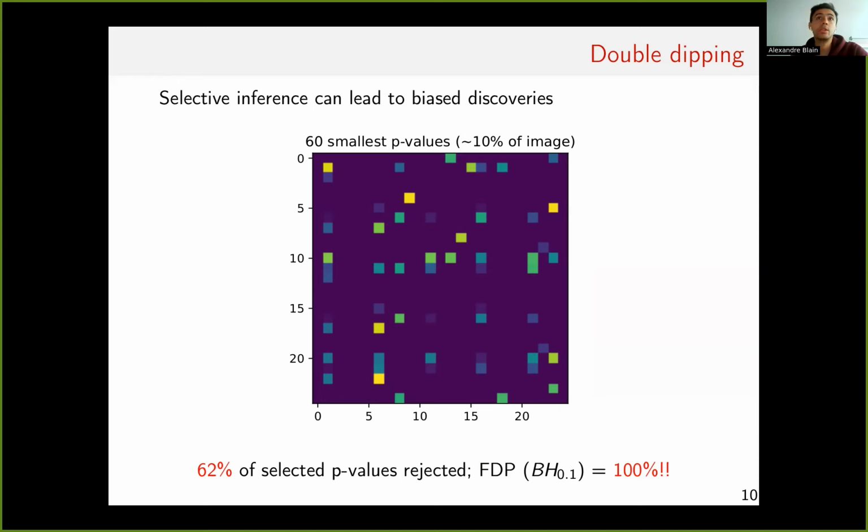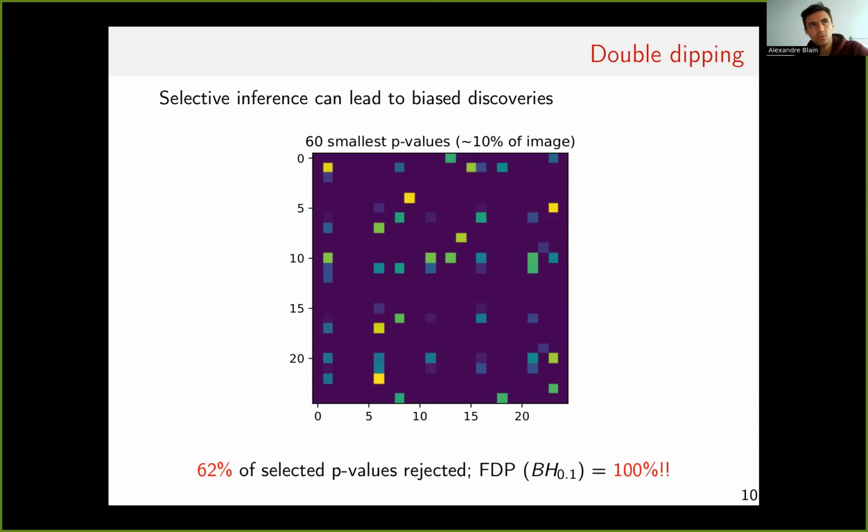So here we will say the 10% of the image that corresponds to the 10% of smallest p-values. And if you perform Benjamini-Hochberg on this subset, you get 62% of these p-values that are rejected, so that are declared active. And of course, you get an FDP of 100% because since there is nothing to find, every detection is a false positive.